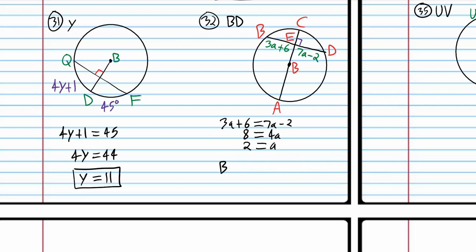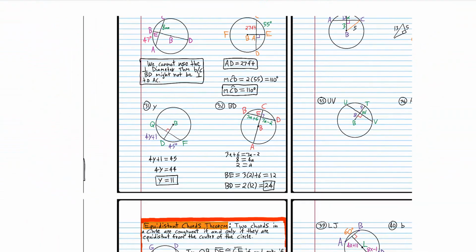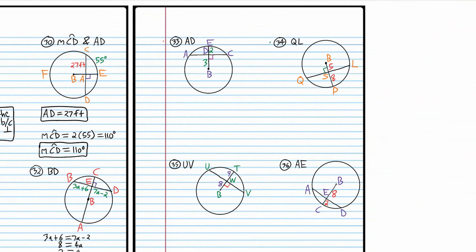So first I'm going to find BE. BE is equal to 3 times the a, which we just found, and that is 12. And then BD, which we're actually looking for, is just 2 times 12, which equals 24. And there you go. So if you got that answer, good job. All right, so on to the next problems.